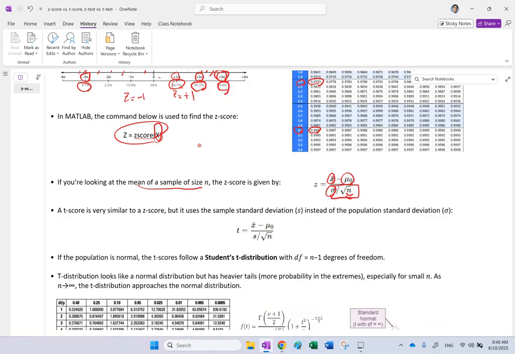Okay, yeah. Because you know that if you define a new variable, let's call it, for instance, capital X, this is X bar, then the average of this new variable is going to be mu naught, but the standard deviation of this variable is going to be sigma over square root n. Okay?